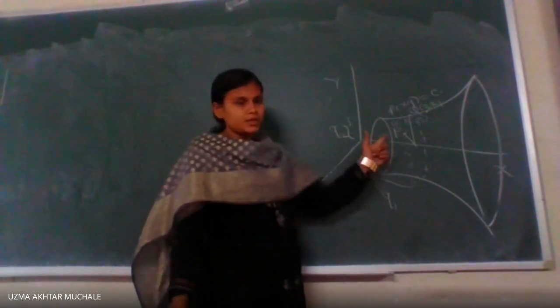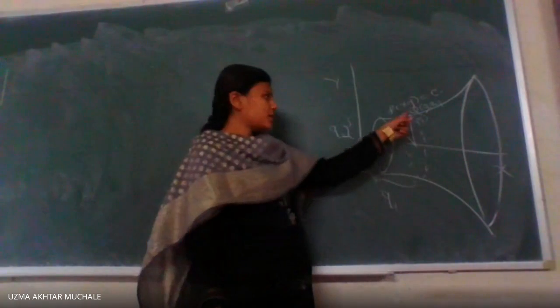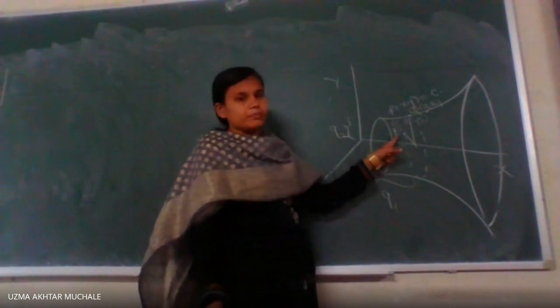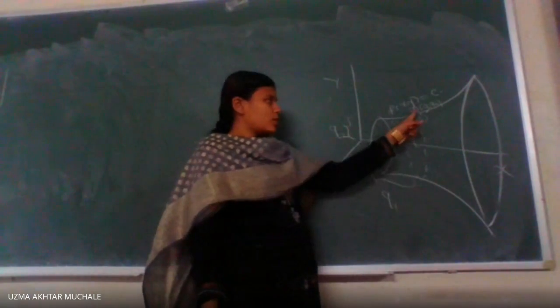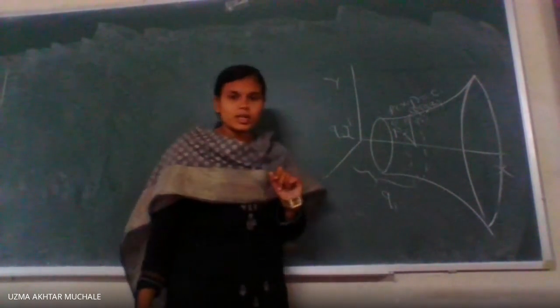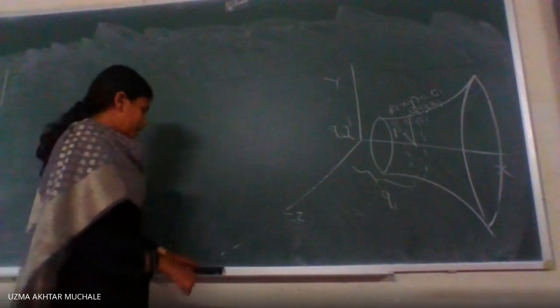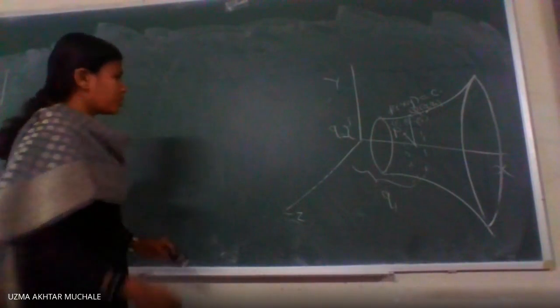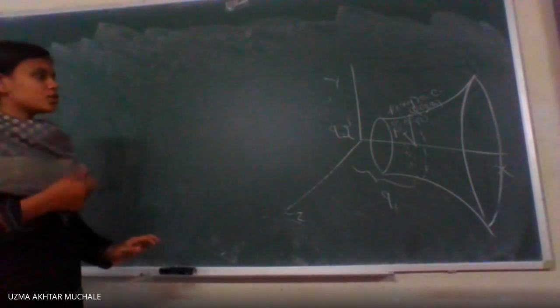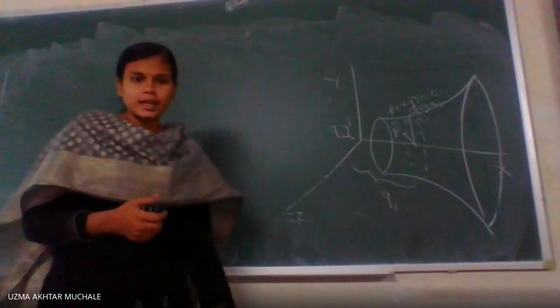No doubt the example is to show that obviously it should be a surface. So we have to find out the coordinates of a point P. Initially we know the coordinates of Q, that is Q1, Q2. Now we have to find out the coordinates of a point P. And if we are able to find the coordinates of point P, then we can find the equation of that surface, right?